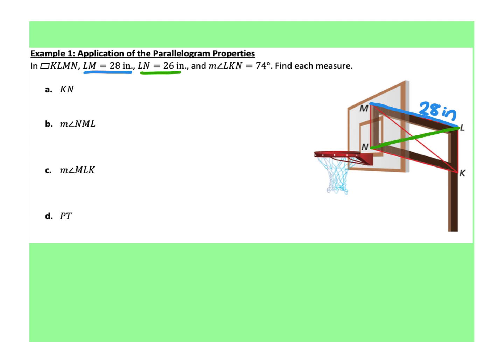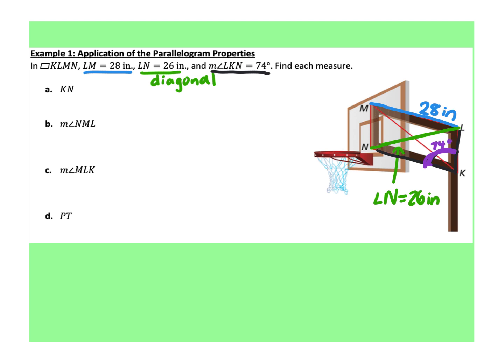Notice that LN is one of the diagonals, and that LN is equal to 26 inches. And then the last piece we have here is the measure of angle LKN is 74. LKN is going to be this angle right over here. So that's angle LKN, and that's going to be 74 degrees.